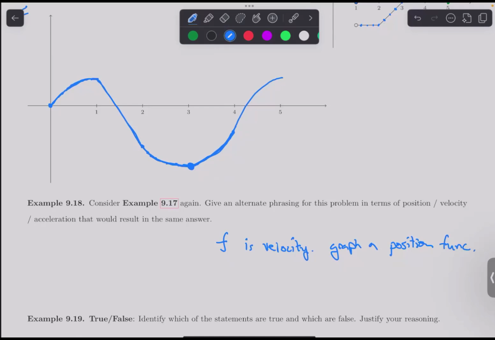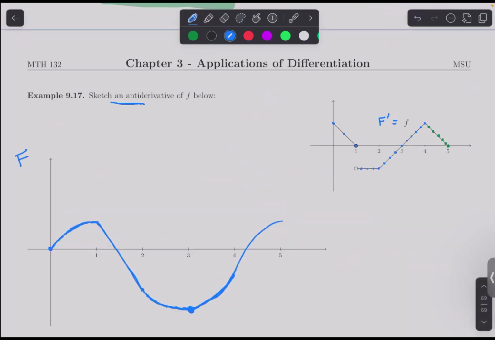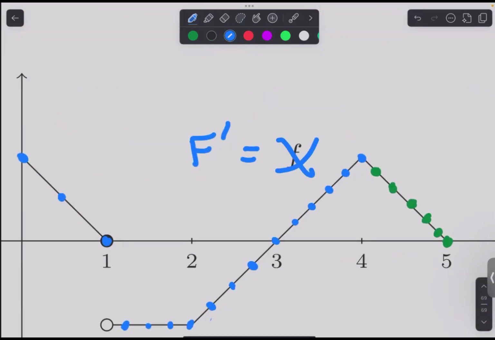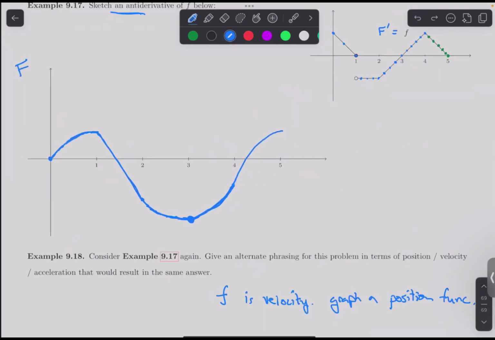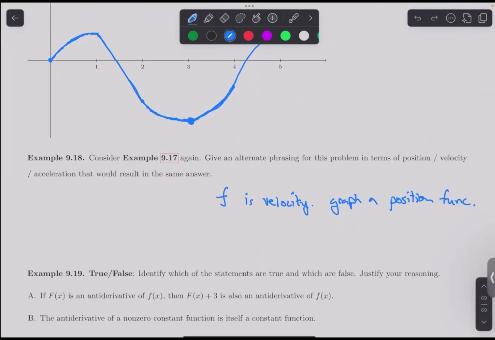And then you probably wouldn't even use little f, right? You would probably say this is maybe v of t. So this is our velocity here, and find position or sketch a position function. Or likewise, you could do maybe f is acceleration.